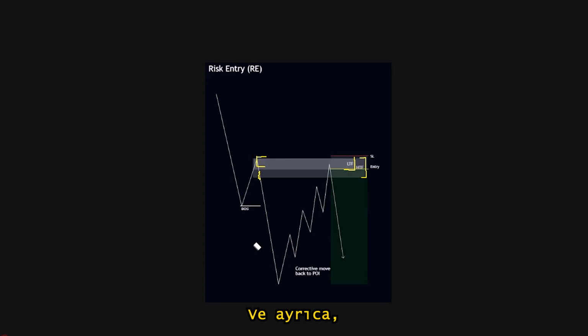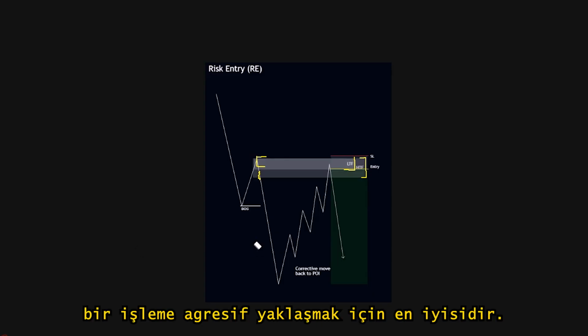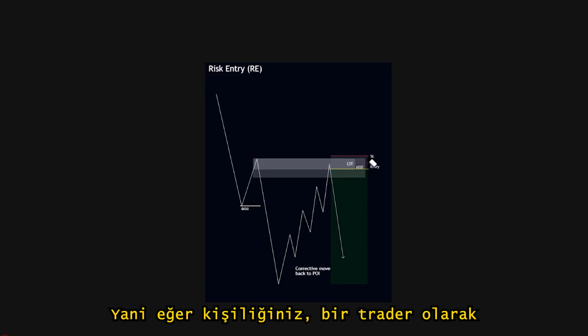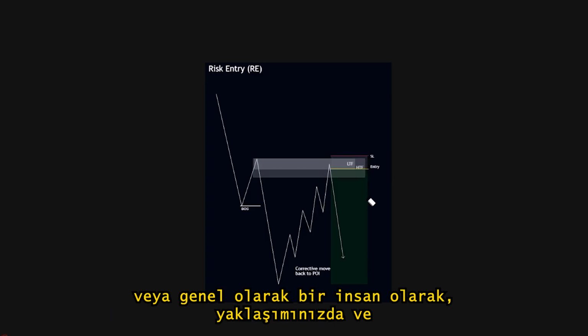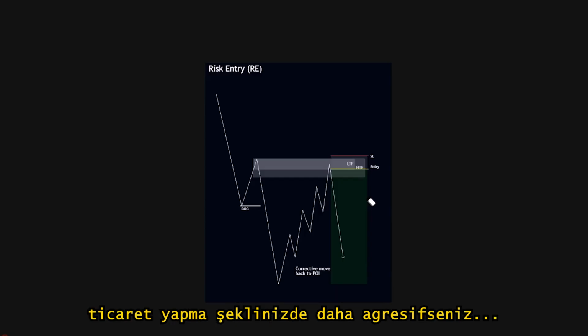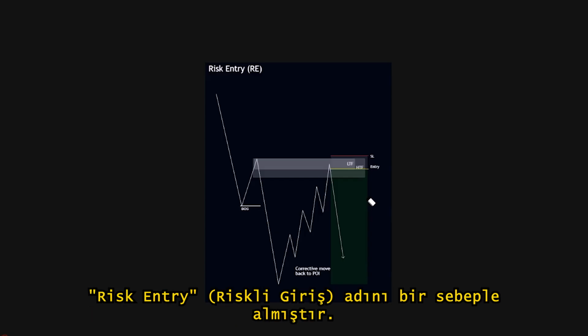It is also best used to approach a trade aggressively. If your personality, as a trader or just as a person in general, is more aggressive in the way you approach your trading, a risk entry is named risk entry for a reason.